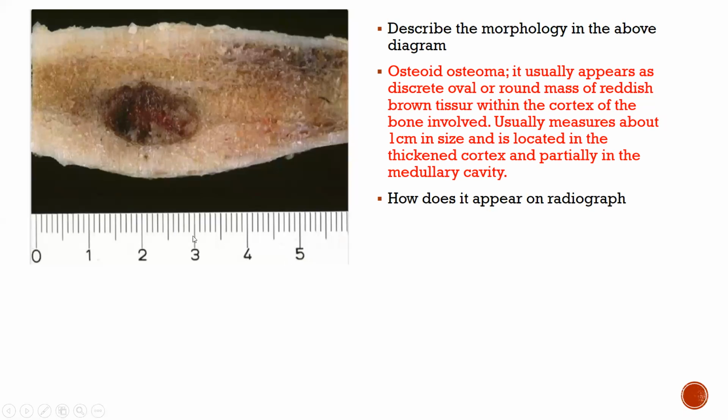These rulers that you see beneath the diagrams, every time you see a pathological issue, kindly try to make use of it. In a way, it's guiding you on what you need to figure out. And then it's located in the cortex. But this one tries to extend into the medullary cavity. How does it appear on a radiograph? Area of radiolucency surrounded by sclerosis.